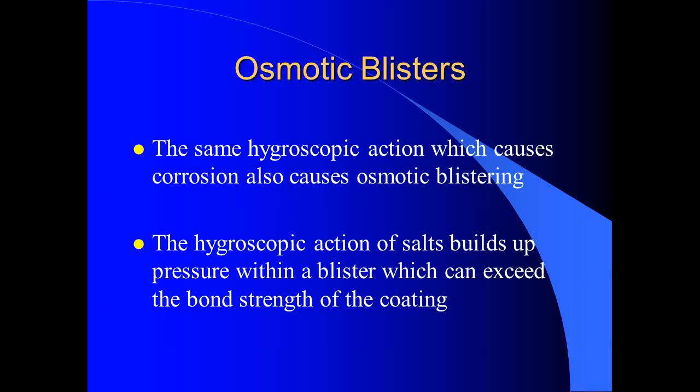The average industrial coating has got a bond strength of about 600 to 900 psi. Yes, there are various coatings that have got a 3,500 to a 5,000 psi bond strength, but that isn't what we normally encounter in most of our work.